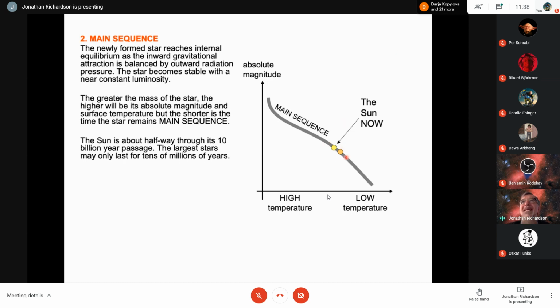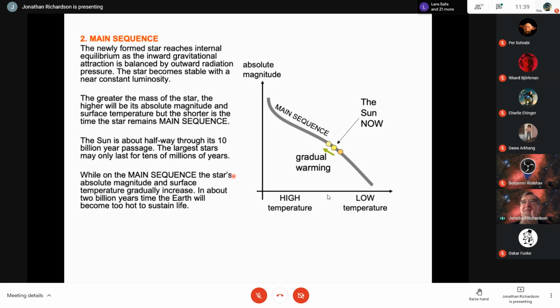But what we see is that the sun has moved from a sort of orange color to the yellow color, and it's about halfway through its 10 billion year life cycle. The largest stars, these up on the top of the main sequence, probably are only going to be around for tens of millions of years as opposed to billions. But we're looking now at our stars that are moving through the main sequence.